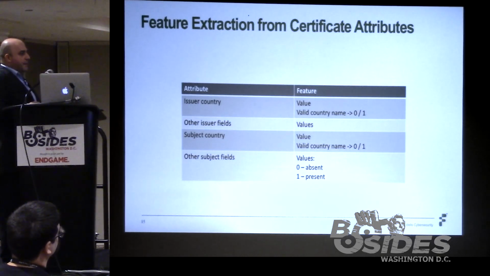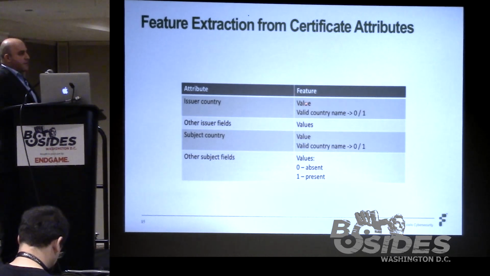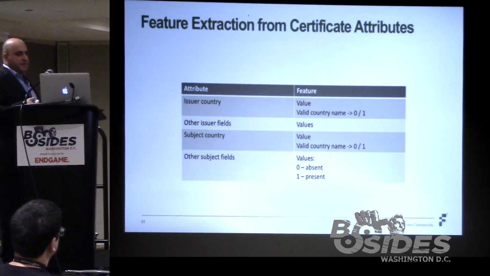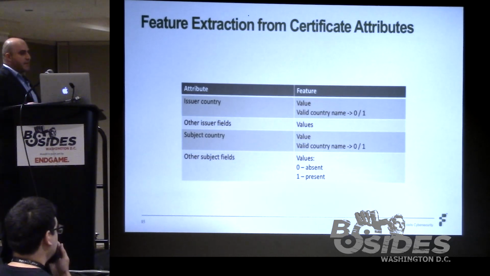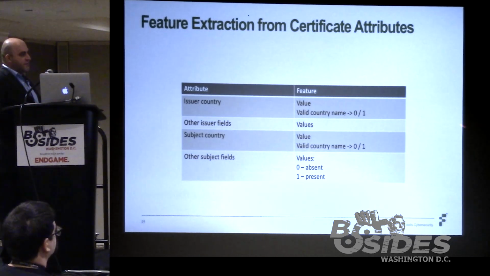The subject and issuer fields. The issuer country, we use the value as it is. So US, Japan, China, etc. Whether it's valid or not is another feature. We see sometimes values like XX, dash, dash, and so on. These are not valid countries, so we use that as a feature as well.